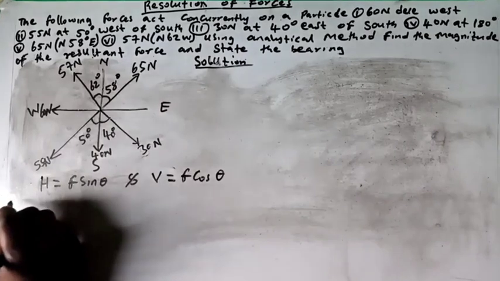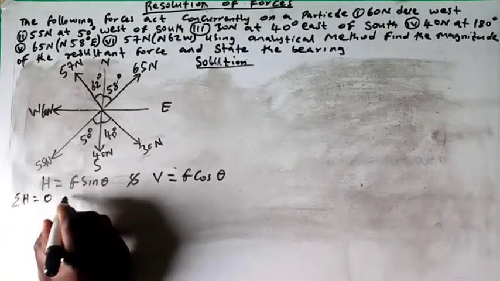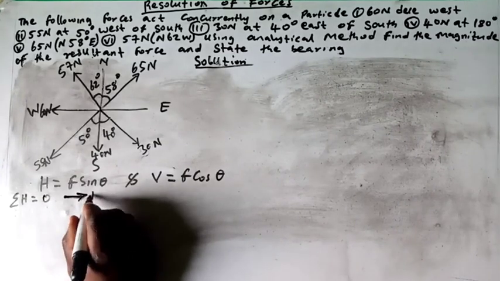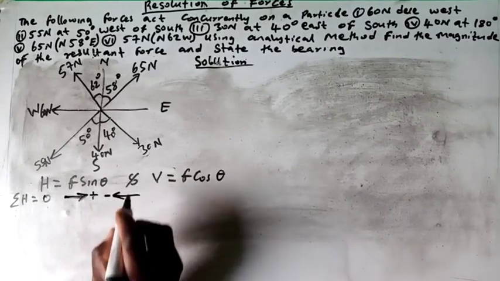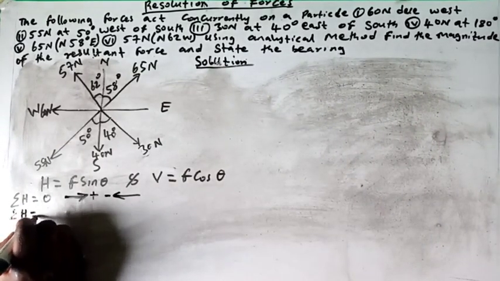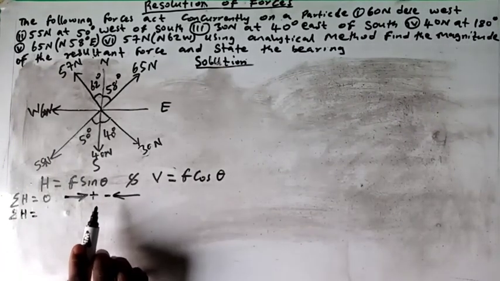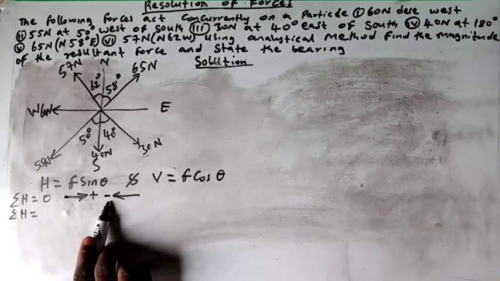So our summation of H will now be equal to, such that forces to the right are positive and forces to the left are negative. Note, you need to follow your sign convention, because any slight mistake by placing the sign where it's not supposed to be, your answer will be totally wrong.